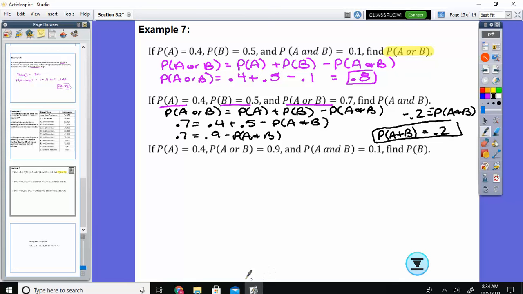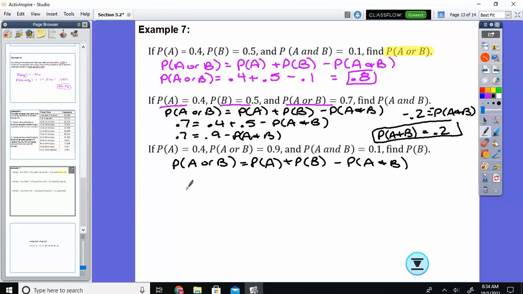All right, last one. So I'm still talking about, I've got a probability of A or B in here, so I'm still using the same formula. We're plugging in what we know.